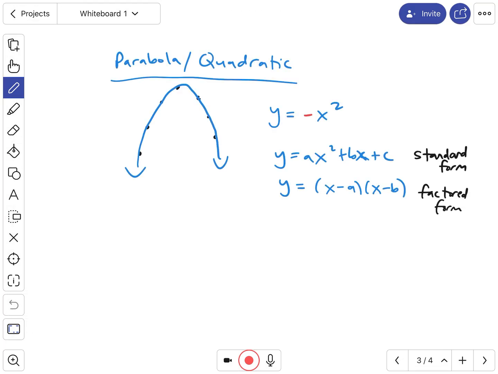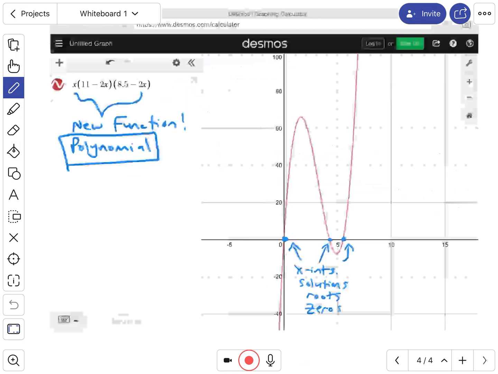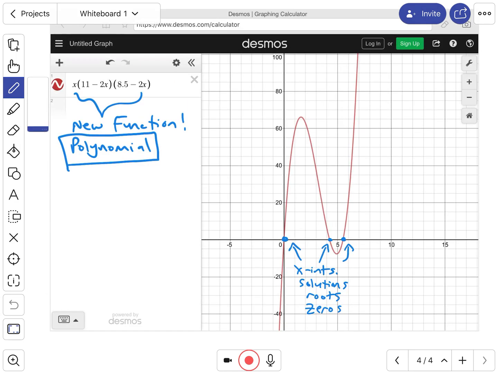One is the parabola, what you already knew, standard form versus factored form. And then the other thing is maybe if you want to graph this, like a rough graph of this in your notes, and then label the x-intercepts and call them solutions, roots, and zeros, because that's going to be a big deal. We're going to use these words interchangeably, so I want you to be comfortable just knowing that we're looking for the x-intercepts. Okay, that's it.